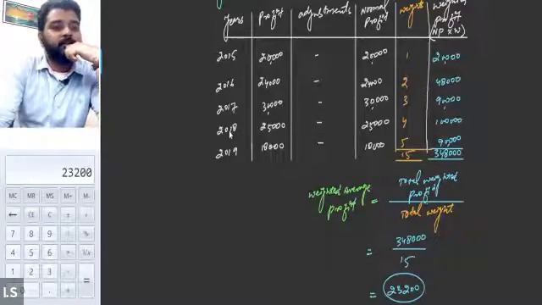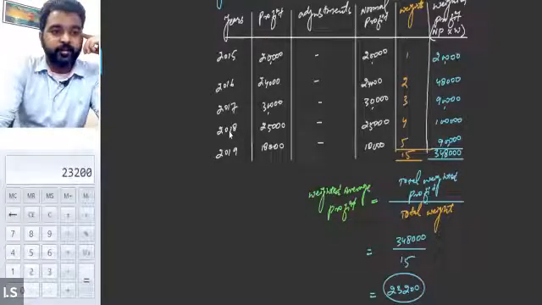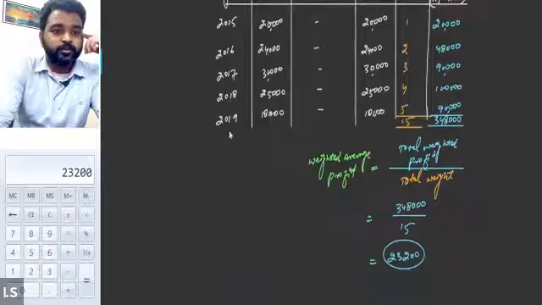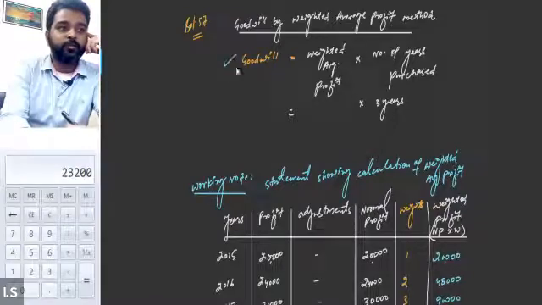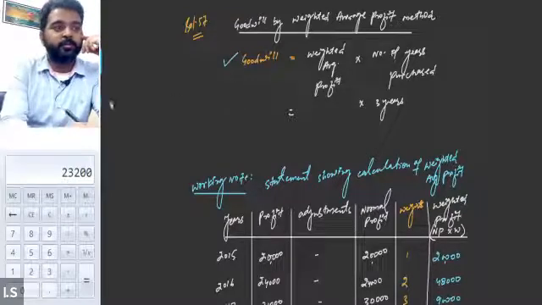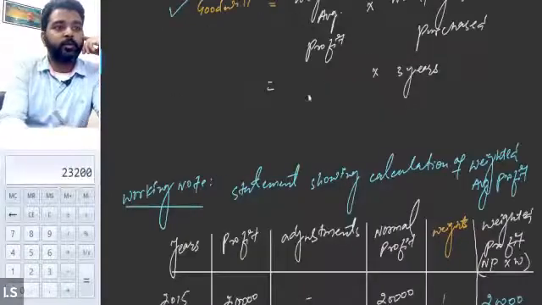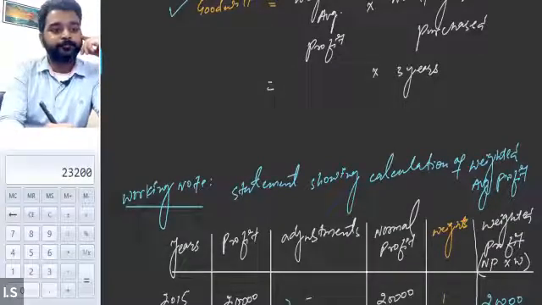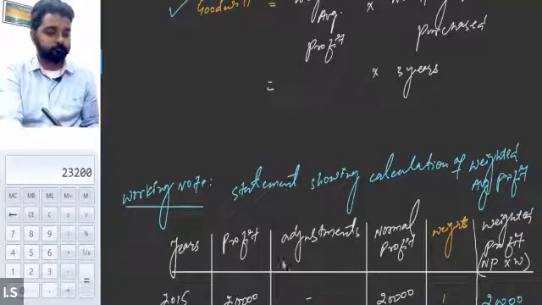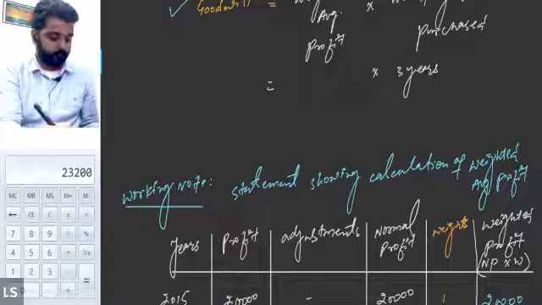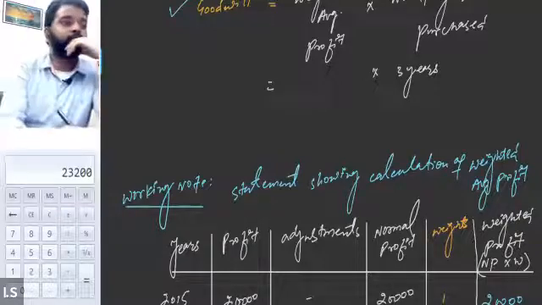Now finally, since we got weighted average profit, now we can use this value in our main formula. The formula for calculating the goodwill was weighted average profit into number of years purchased. So we will put the value here, 23,200.